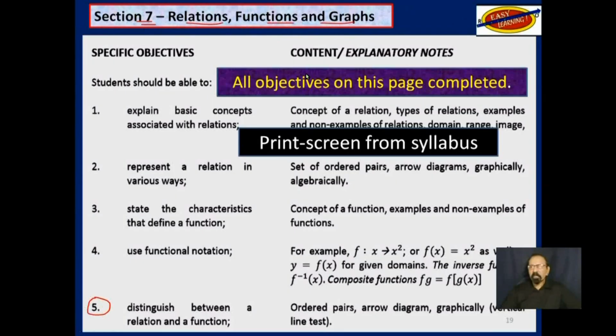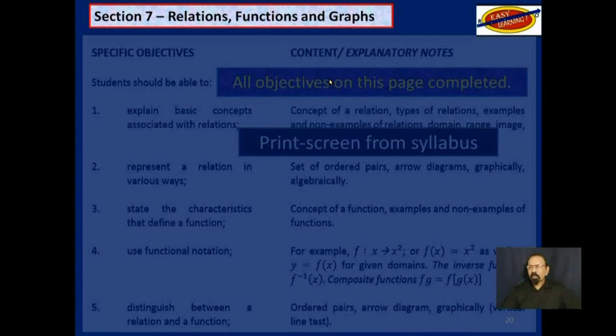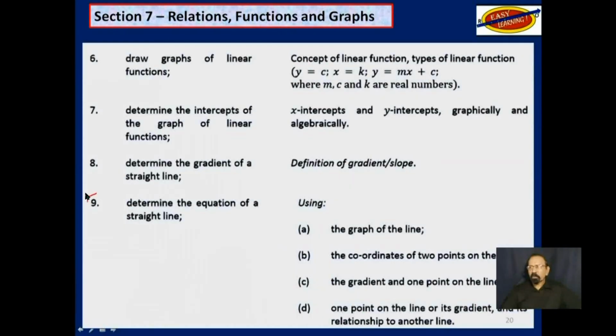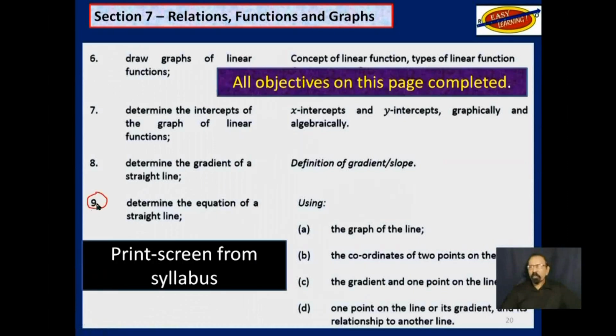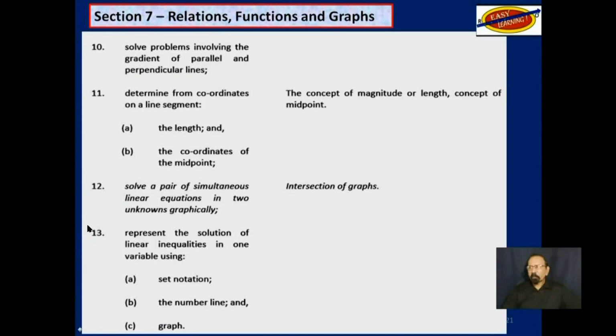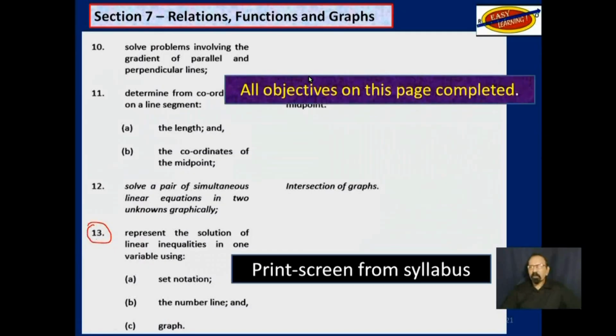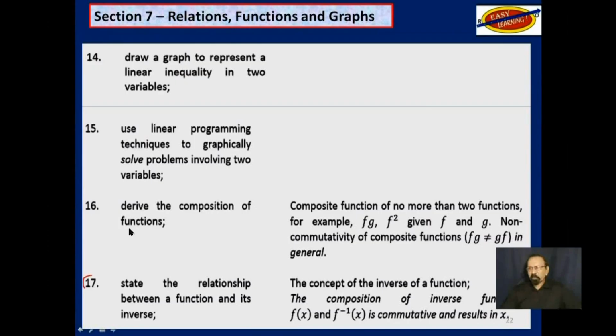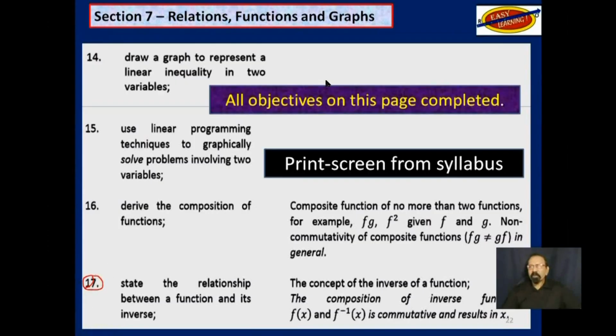So, section 7, relations, functions, and graphs, page 1, these 5 objectives here, we have completed all of those already. Page 2 up to 9 objectives, we have completed all of those already. Next page, up to objective 13, completed. And the next page, up to objective 17, completed.